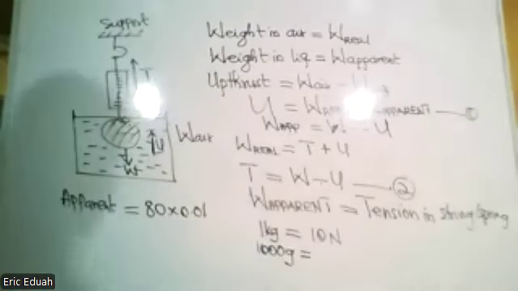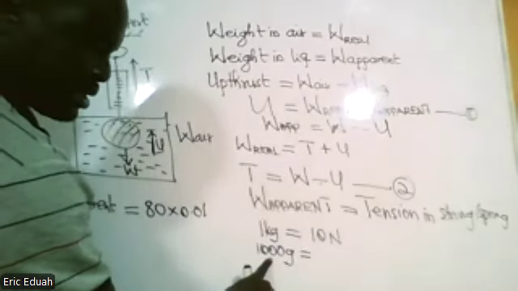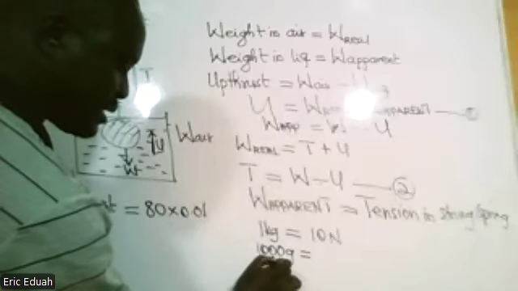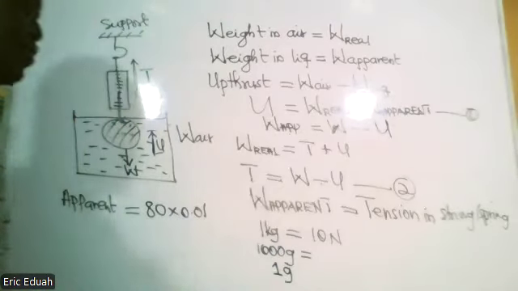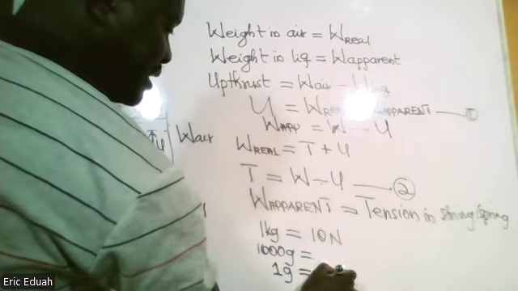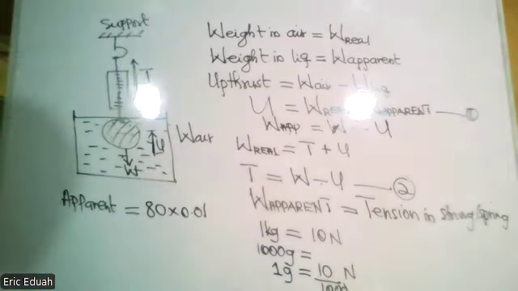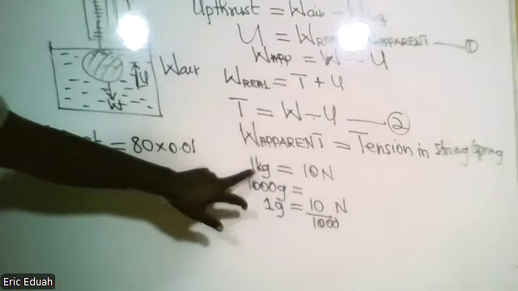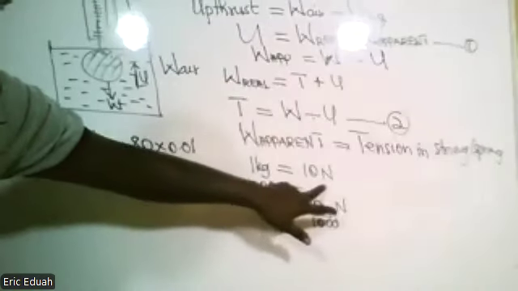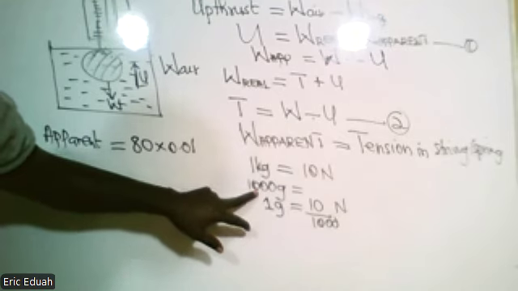So if 1 kilogram gives you a weight of 10 Newton, then 1 kilogram is equal to 1,000 grams.